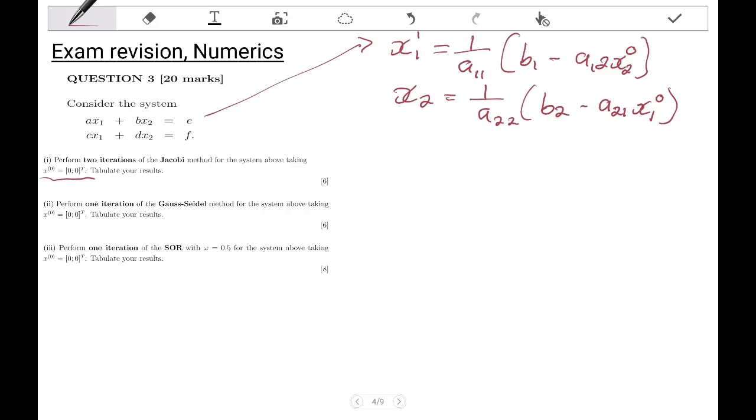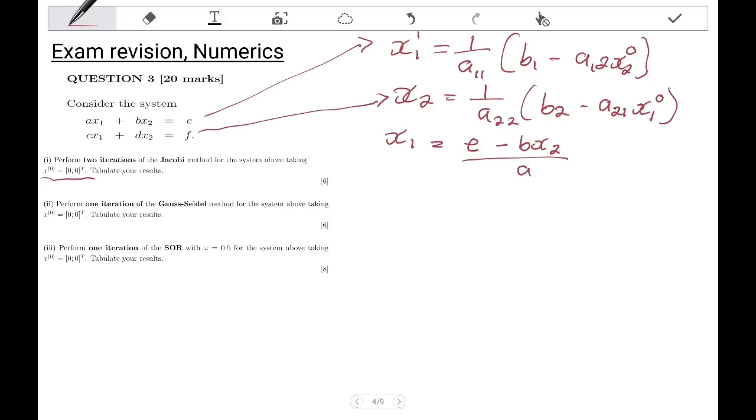So to do this, now we have to rearrange this equation. According to the algorithm, for the first equation we have to make x1 the subject of the formula. For the second equation we have to make x2 the subject of the formula. Let's rearrange equation 1 now. It's going to be x1 is equals to e minus bx2 all divided by a.